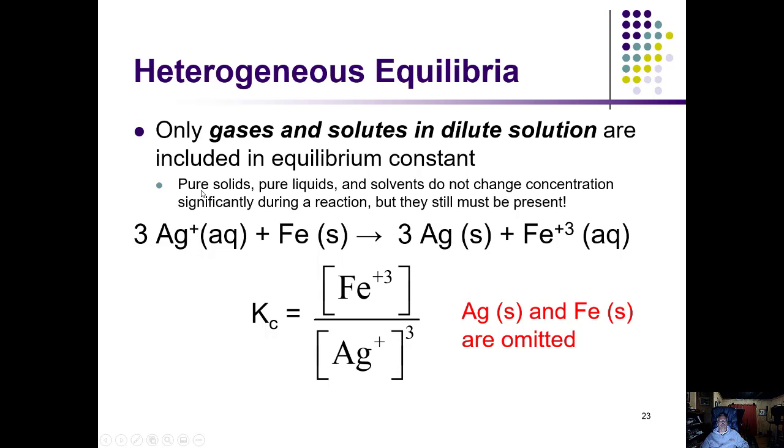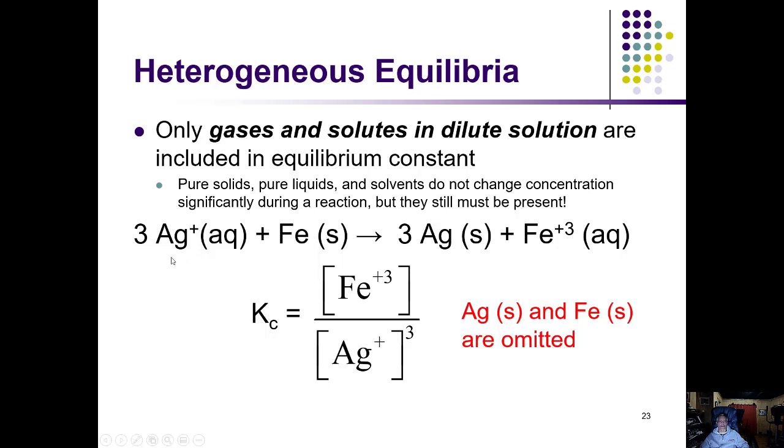So what are we going to exclude? Pure solids and pure liquids. That includes water. Water is a pure liquid in these reactions, and so we don't include it. Solvents do not change in concentration, and water is a solvent in all of these reactions. They don't change in concentration during reaction, but they still have to be there.